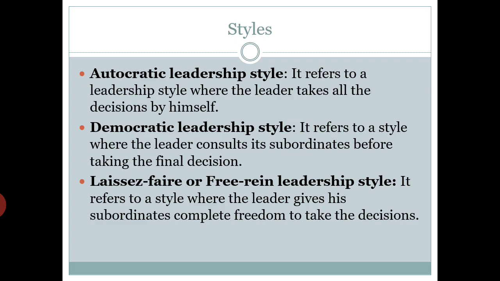It refers to a leadership style where the leader takes all the decisions by himself, without consulting the followers or subordinates, whether the decisions are related to the organization or to the individuals. All these decisions are single handedly taken by the leader or the manager.